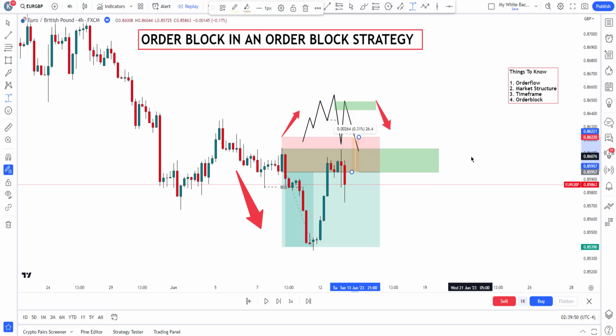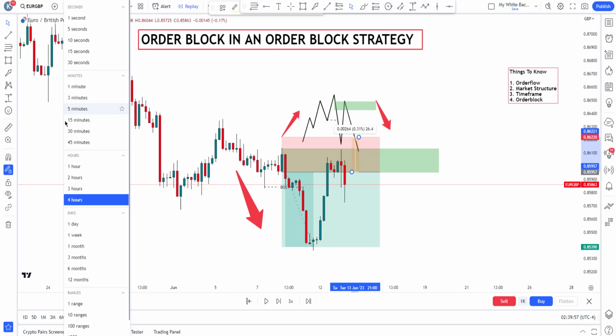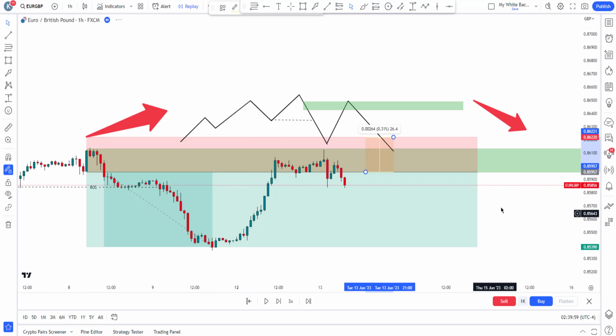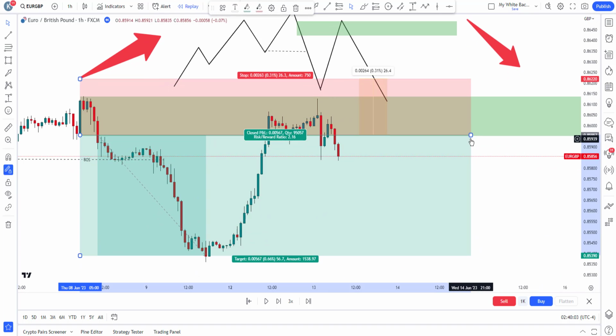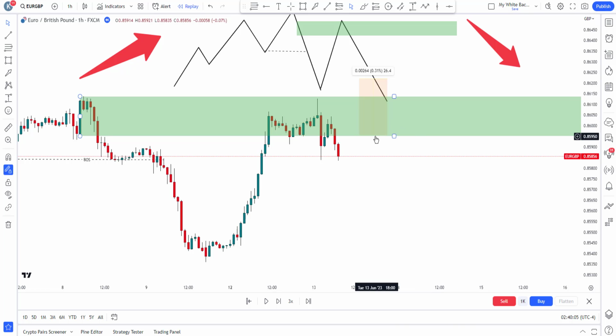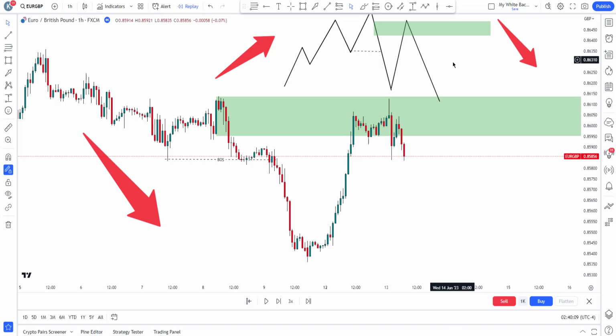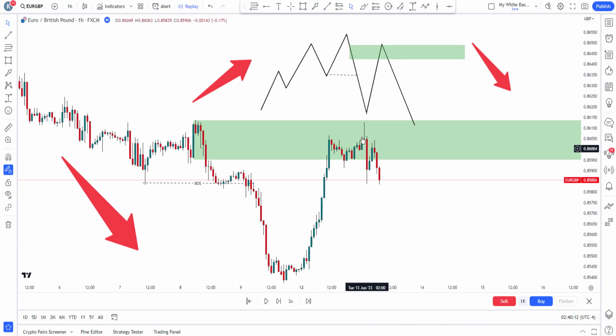So how do we minimize this? Is by doing this kind of entry I'm about to show you. If we go down to the 1-hour time frame now, the 1-hour time frame still in view, we're going to see what I'm telling you right here. So after this shifting market structure comes in, let me show you where the shifting market structure happened right here.